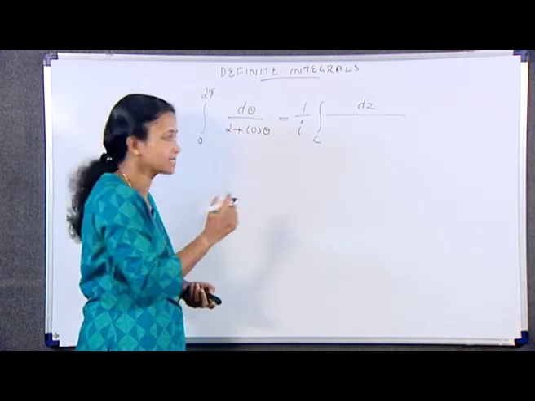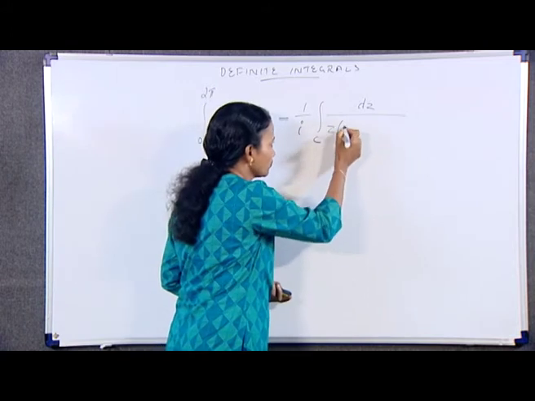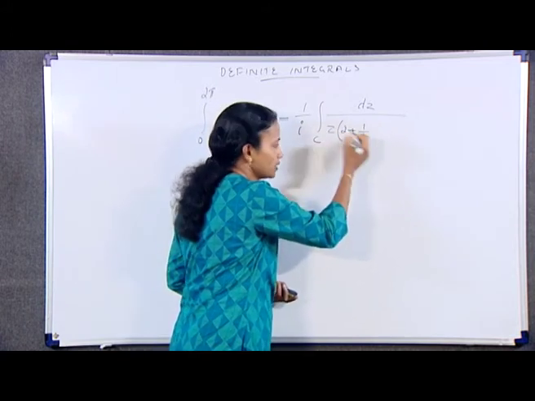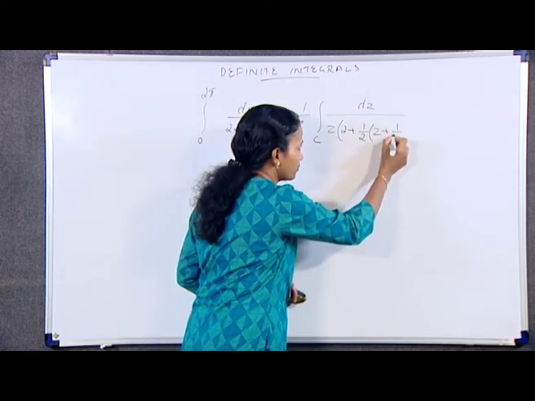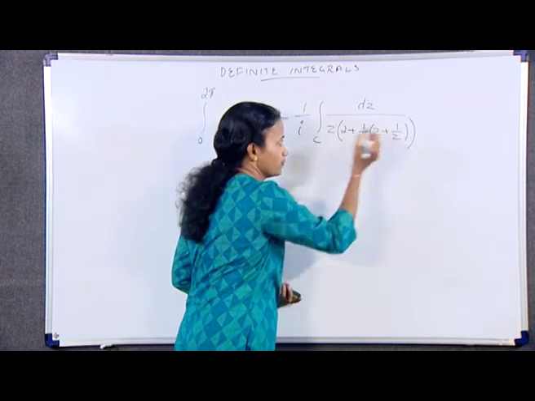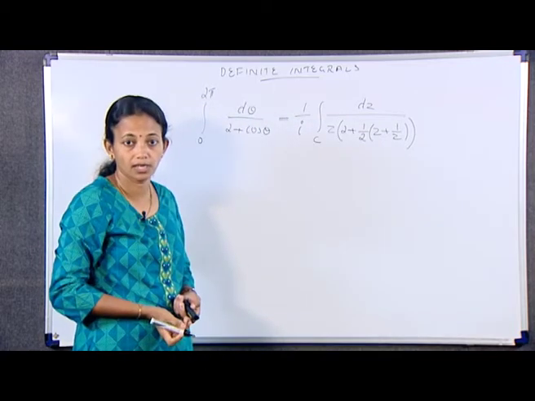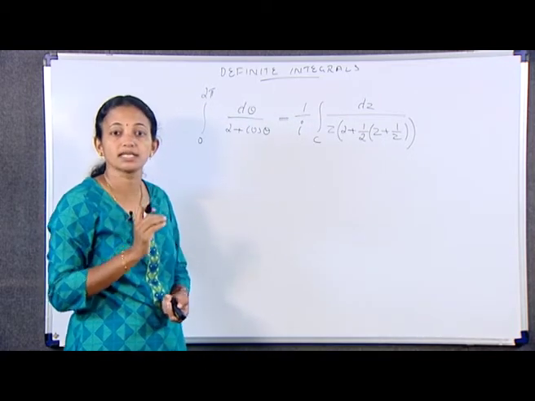This can be written as z into 2 plus 1 by 2 into z plus 1 by z, where the C is mod z is equal to 1.